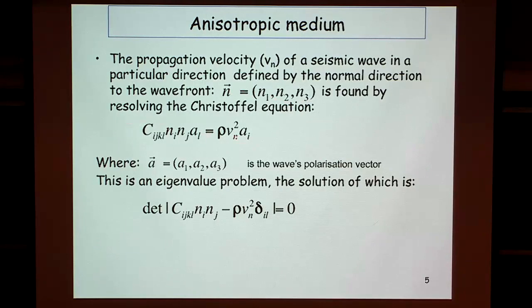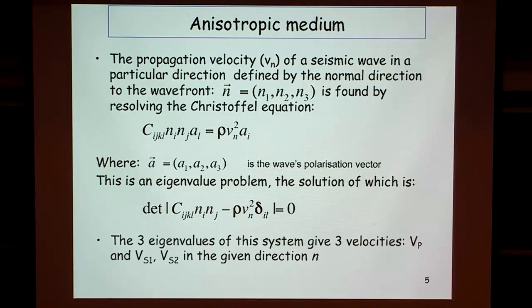Knowing these, you can compute its velocity for a given elastic tensor. You solve this system as an eigenvalue problem. There are three eigenvalues which give three velocities: a P velocity and two S velocities.